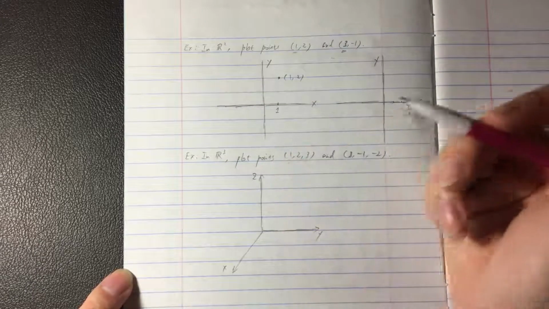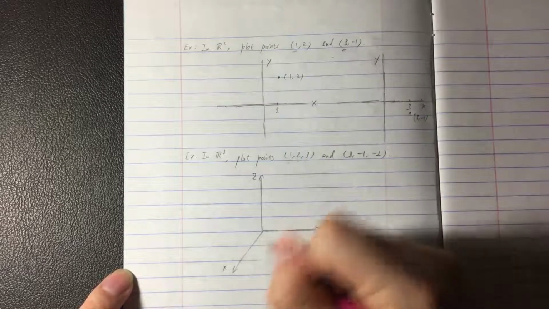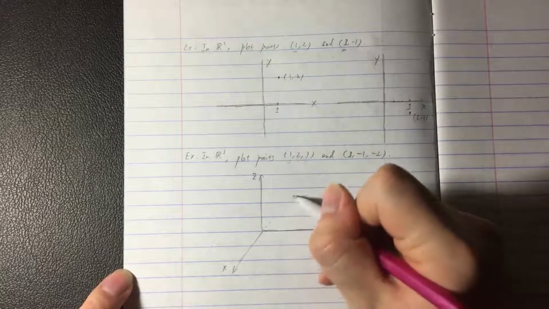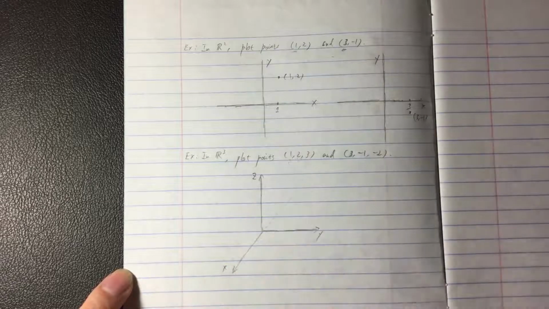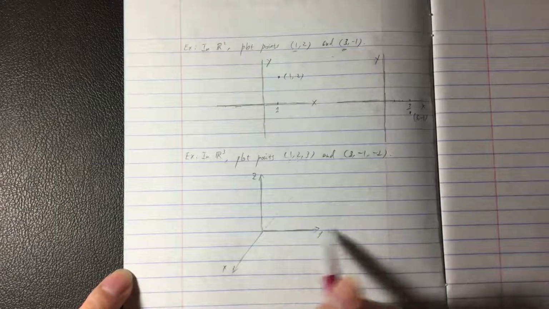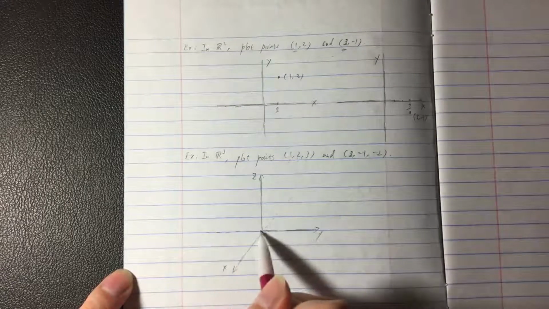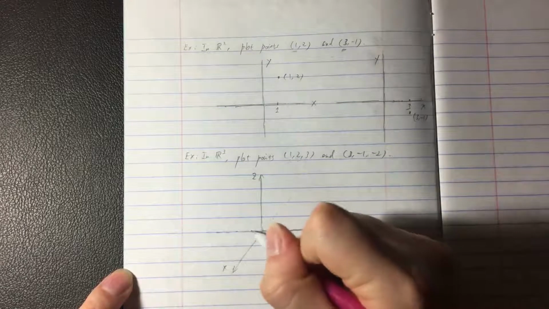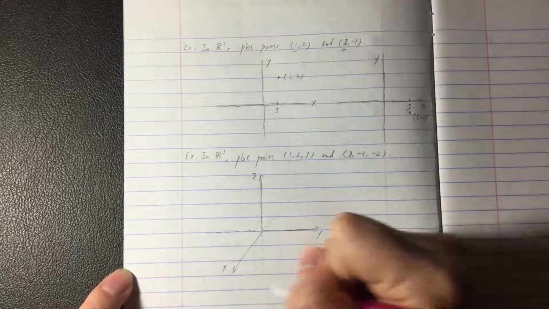The vertical axis going upward is the positive z direction. That's the positive x-axis, and that's the negative x-axis, going into the wall. That's the positive y-axis. This is the negative y-axis. And this is the negative z-axis.